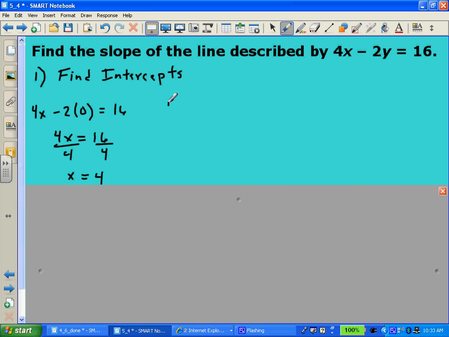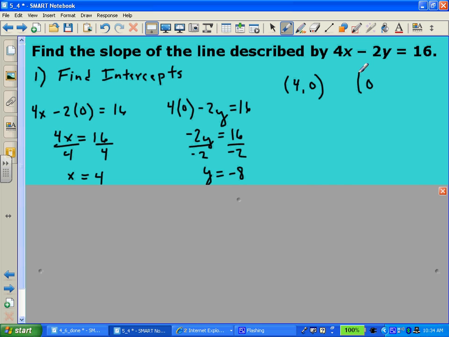So x is 4. And then letting x be 0. So we get negative 2y equals 16. Divide by negative 2. y is negative 8. So remember, we talked a little in 5-2 that the x-intercept, its ordered pair would be (4, 0), and the y-intercept would be (0, negative 8).